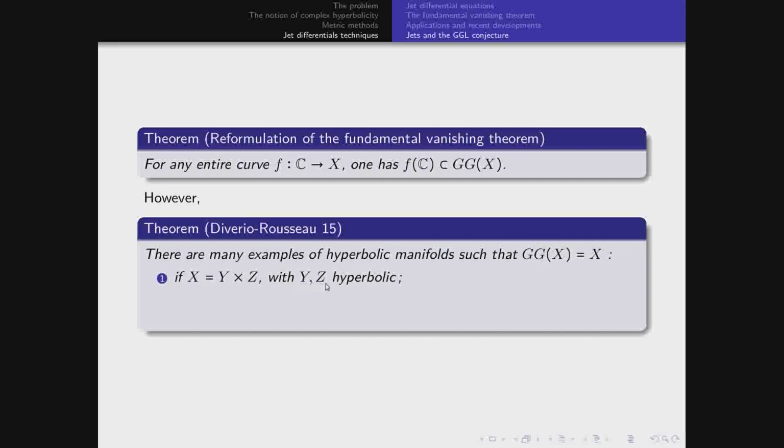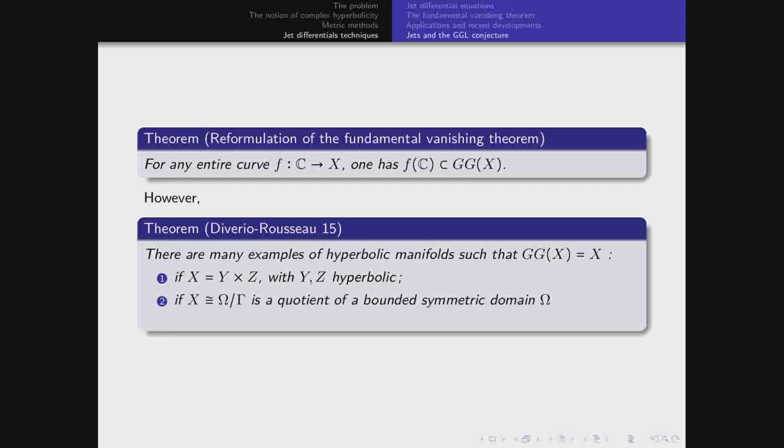I can give you as an exercise to show that if Y and Z are, say, broadly hyperbolic, then so is X. And in their work, Simone Diverio and Erwan Rousseau show that in that case, the Green-Griffith locus is equal to the whole manifold, so the fundamental vanishing theorem does not help you to show that X is hyperbolic. So you have to show it directly.